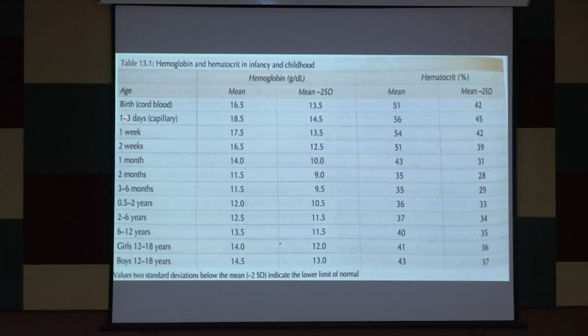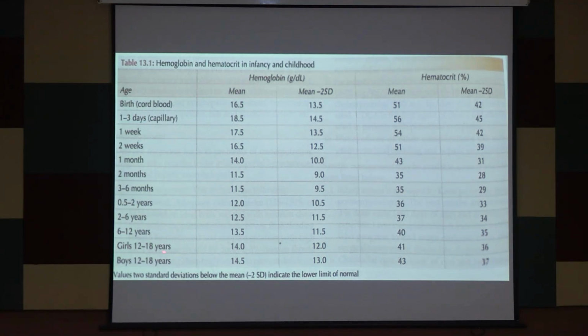To start with, at birth, cord blood mean hemoglobin is 16.5, mean minus 2 standard deviations is 13.5. Therefore, anemia is when the hemoglobin is below 13.5 gram per dl, and the corresponding hematocrit is 51 and 42.